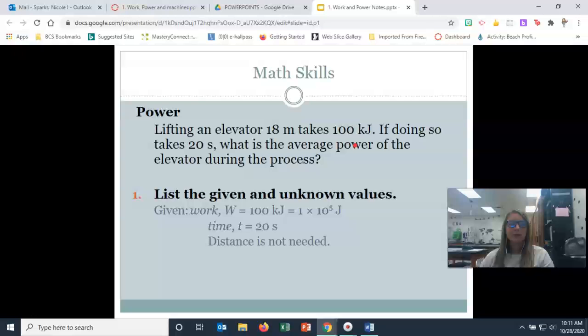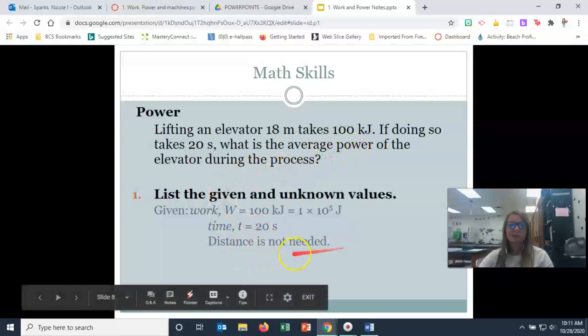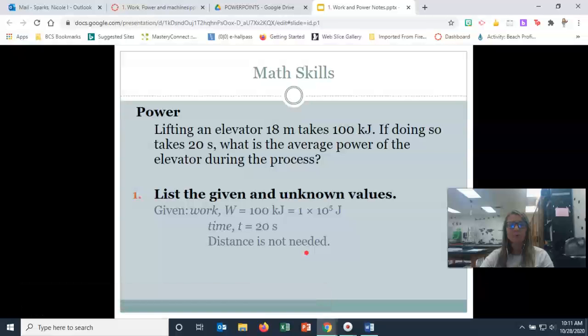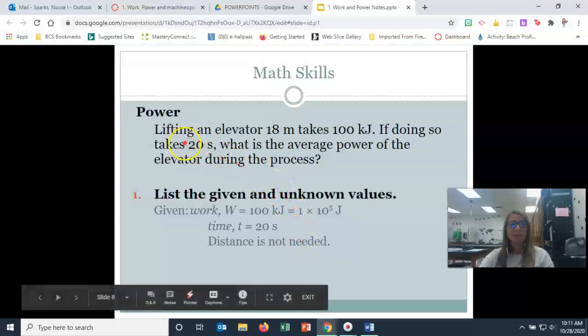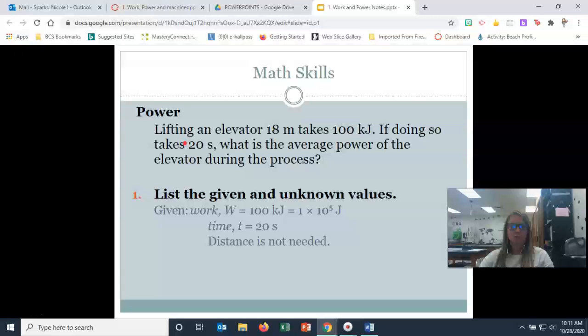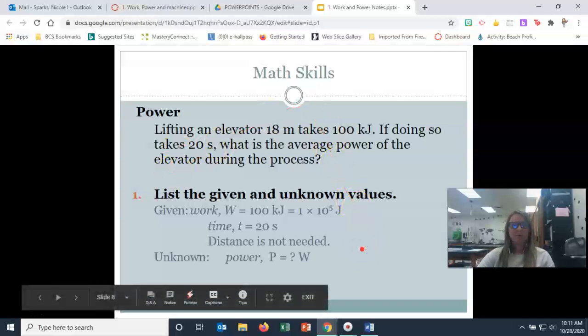We can see that the elevator is lifted 18 meters. That's a piece of information that we don't really need. It's extra. We don't need it for what we're being asked to solve here. It does take 20 seconds, so that's our time. And it takes 100 kilojoules. And I'm just going to leave it in kilojoules.